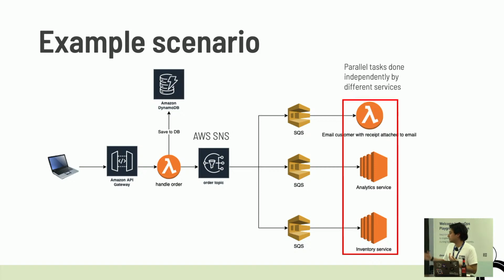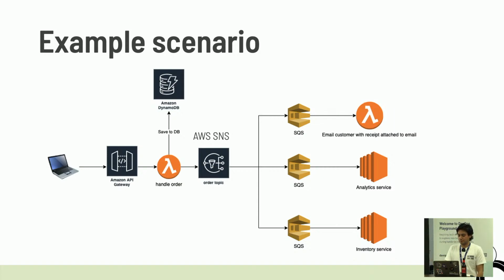If one of them goes down, none of the others will be affected because there's a queue in front of them. They're all receiving messages independently. That's really useful for building a robust and fault-tolerant system. For example, if my inventory service goes down, it's no problem. I can still send emails off to my customers saying, hey, your order's been approved.